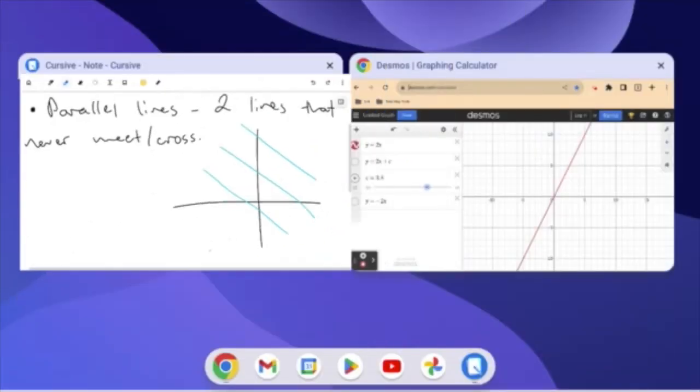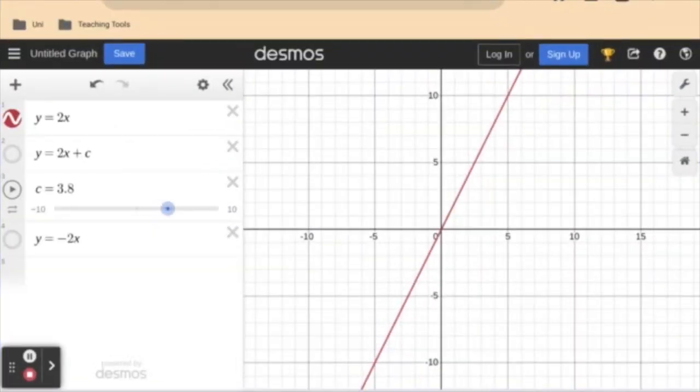Now, if I get this up on Desmos to give you a better picture, I have one line here, which is y equals 2x, so this has a gradient of 2. I've put another line, which once again has a gradient of 2, but I've inserted this constant c, which will allow me to change the value of the y-intercept. No matter what my y-intercept becomes, whether it's negative 10 as you see here, or I put it up to 5.6 or 7.7 or 3.2, the lines remain parallel.